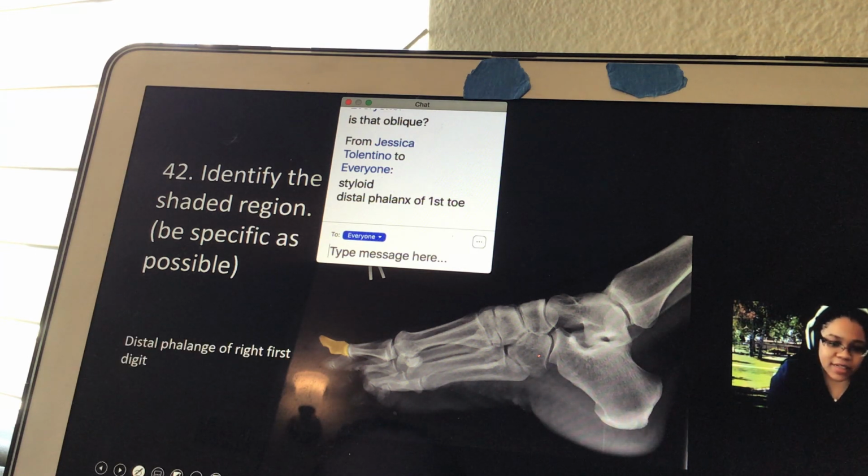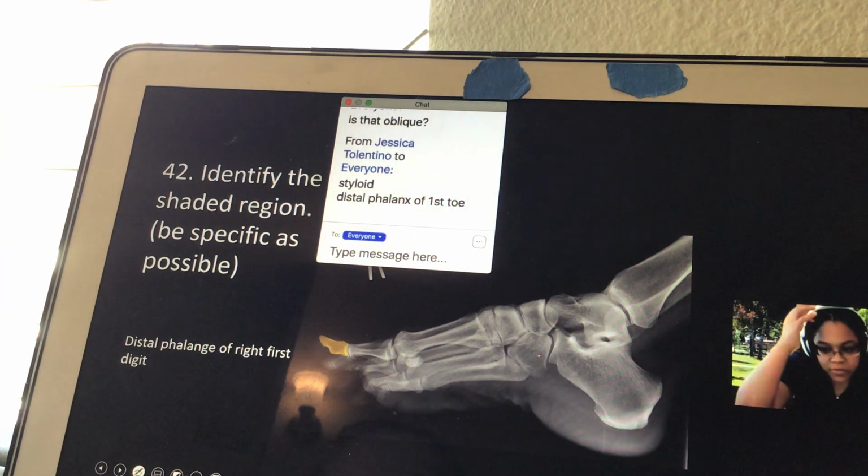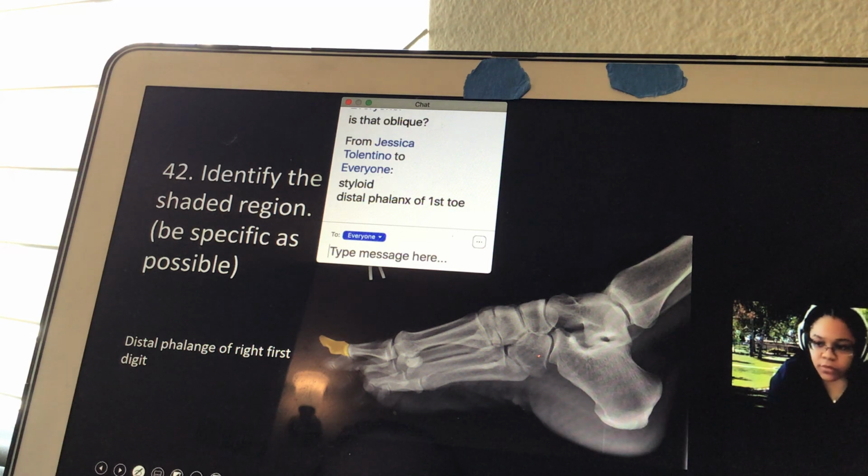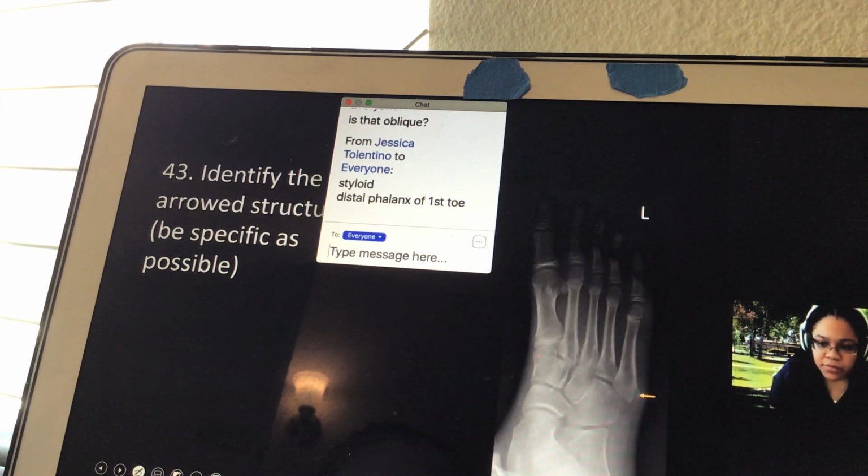But yeah, this is the distal phalanx of the first toe. So this is just a bad lateral. They're too rotated on this one. This would be more of an oblique view.